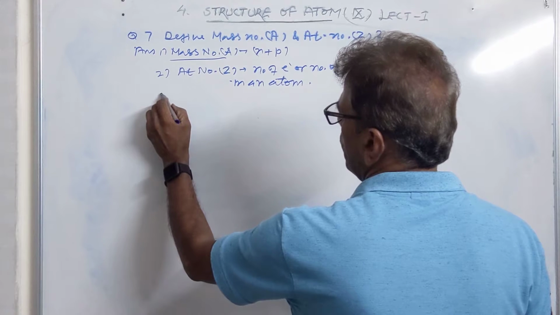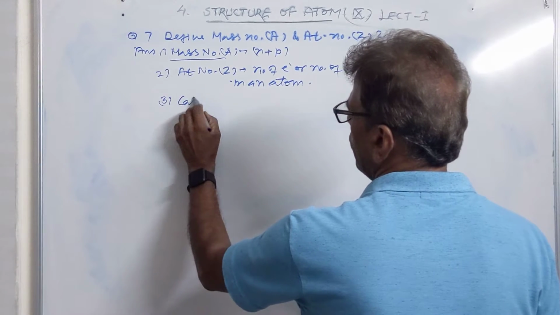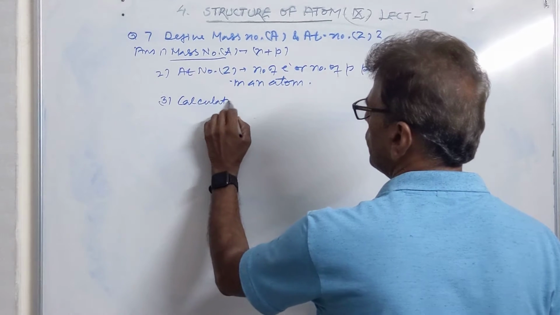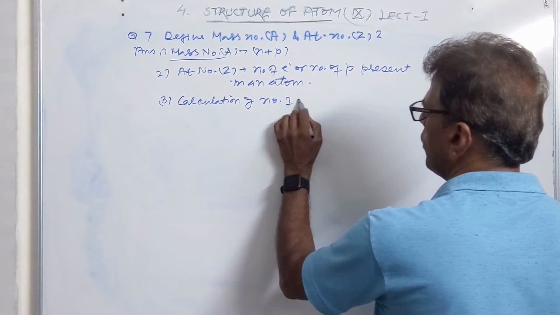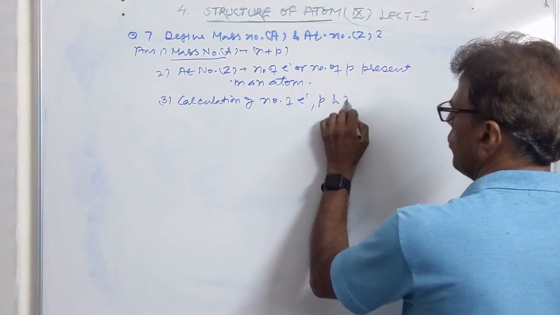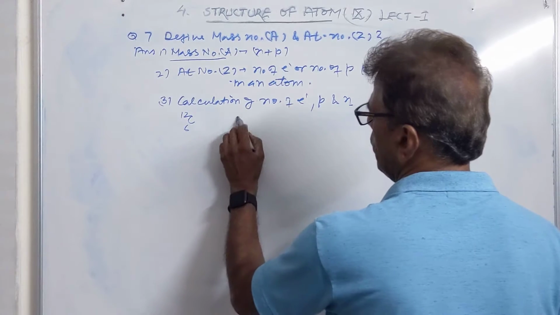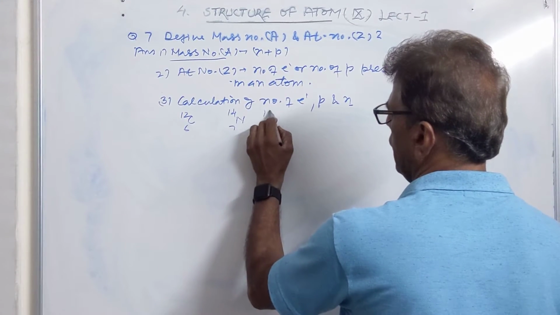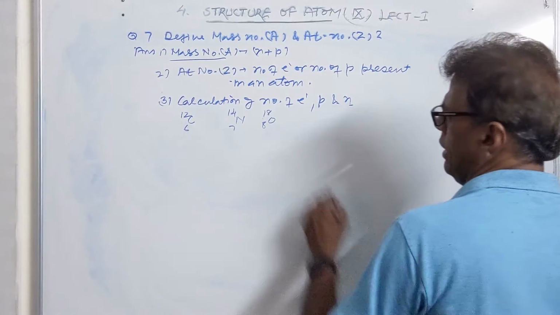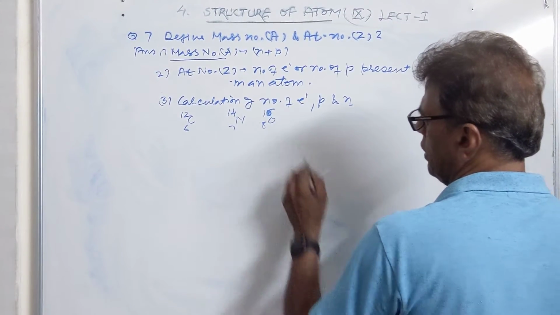Then we have the number of electrons. Suppose we have the species. Calculation of number of electrons, protons and neutrons. For example, we have carbon atom 6C12, nitrogen 7N14, oxygen 8O18 or 16. We have a number of isotopes of oxygen: O18, 16, 17.